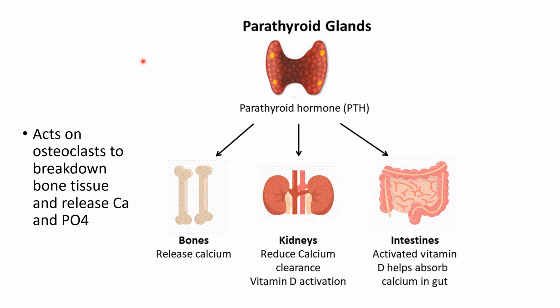So, how does the body do this? Through the action of your parathyroid glands. So, it affects in your bones. So, it acts on osteoclasts, so mga cells that is able to break down your bone tissue to release calcium and phosphate. Sa kidney naman, so it reduces calcium clearance and it enables the vitamin D activation.